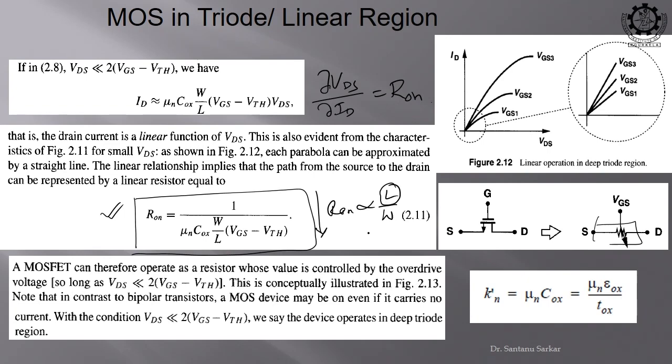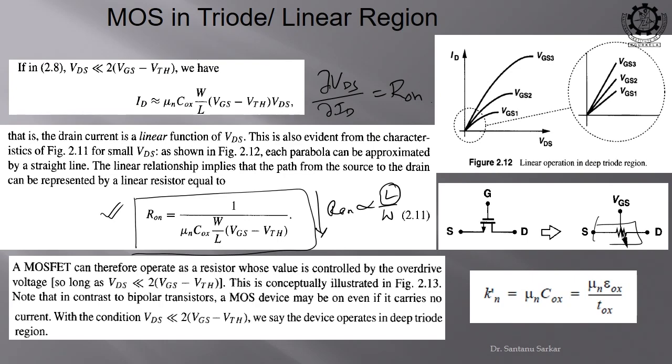Another advantage of choosing minimum length is that your packing density is quite high. So, you can go with a large number of transistors. Okay. Another thing is that with minimum L your current will be more, right, W by L. Okay.